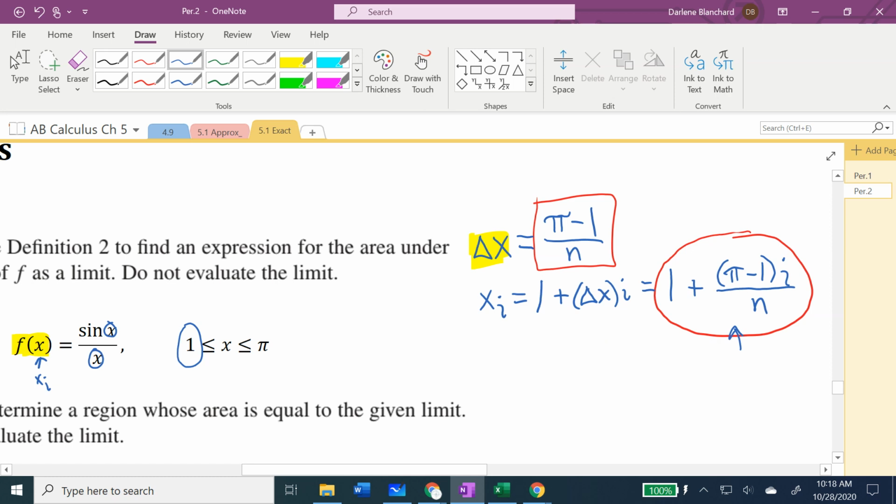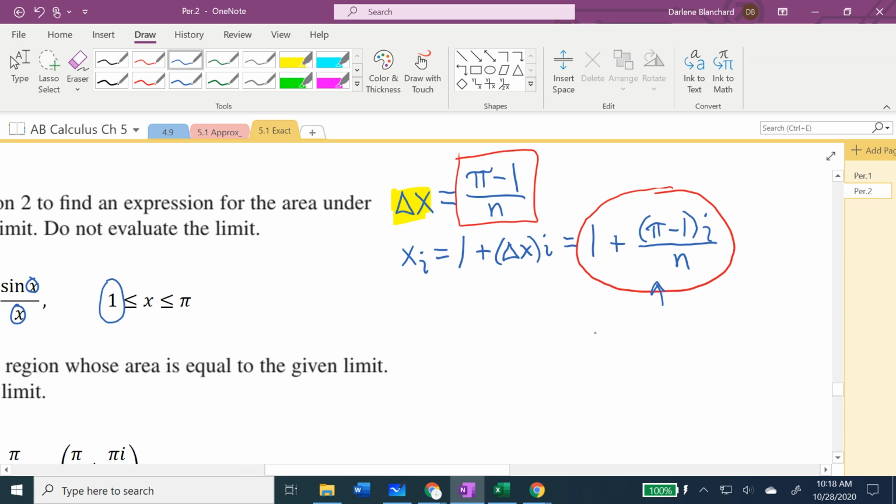So, leaving some space on the left side, I'm going to title it also, height, which is the sine of this x sub i formula divided by this x sub i formula again, because, you know, it wasn't bad enough to write it once.